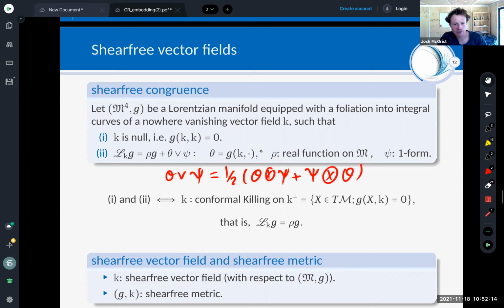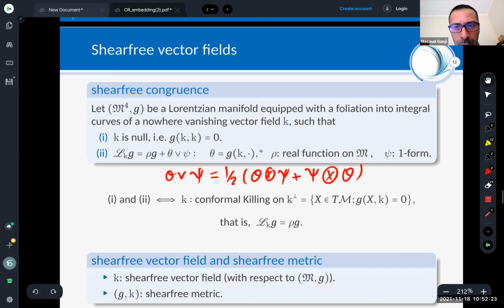The reason is this: because K belongs to K perp, this part automatically vanishes. Does that make sense to you?